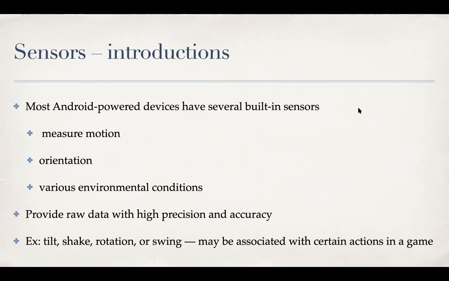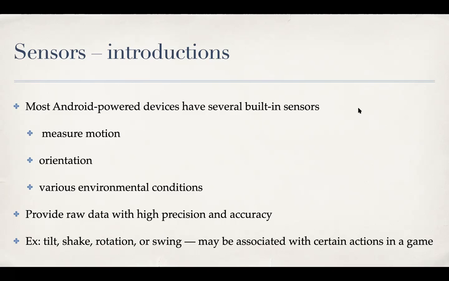You can check for orientation. You can check motion, like how quickly the device is being accelerated, basically how quickly it is being moved. Again, this can be very useful in things like certain games or some AR, VR apps, and other various environment conditions, as we said.